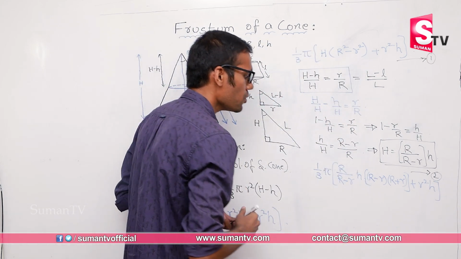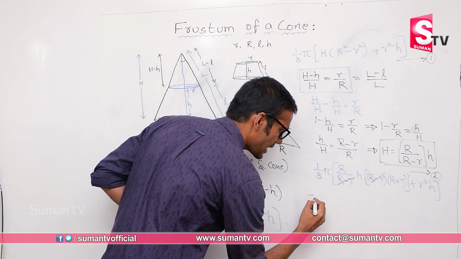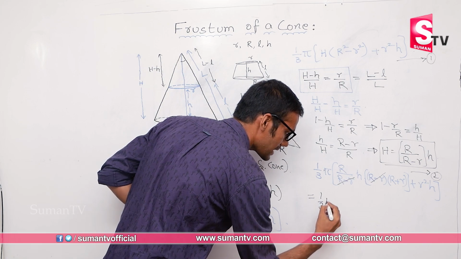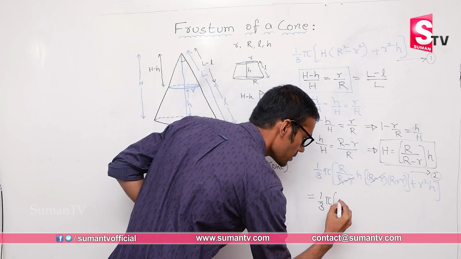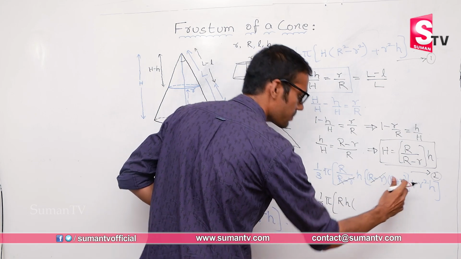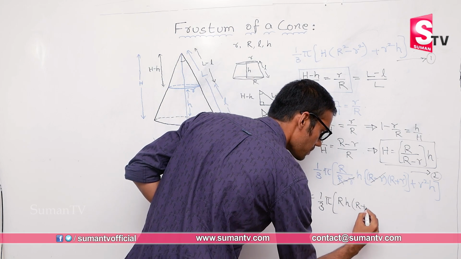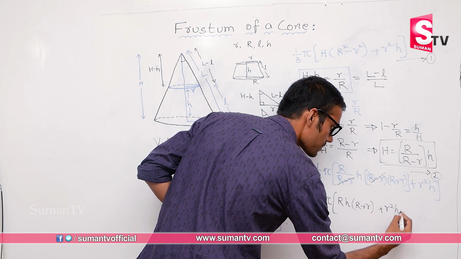Now I can cancel out capital R minus small r and capital R minus small r. So finally I'll be getting the volume of the frustum as 1 by 3 pi, and capital R into small h, capital R into small h into capital R plus small r plus small r square h.